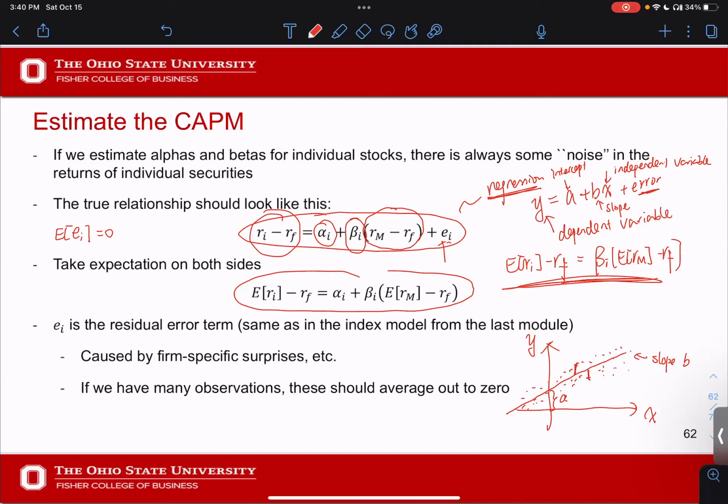If you take the expectation on the two sides, the expected error will be 0, so it will disappear. You're going to have on the left-hand side the individual stock risk premium equals alpha plus beta times the market risk premium. The error term has some economic meaning: it's about the firm's specific news, or the firm's individual idiosyncratic shock.